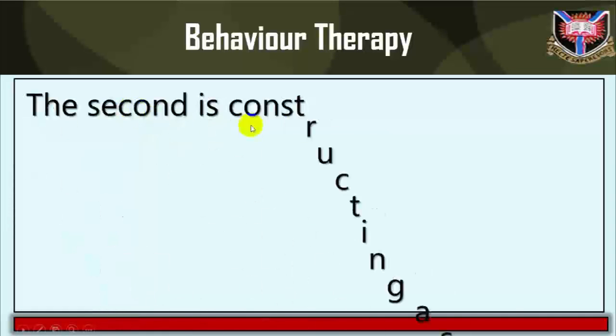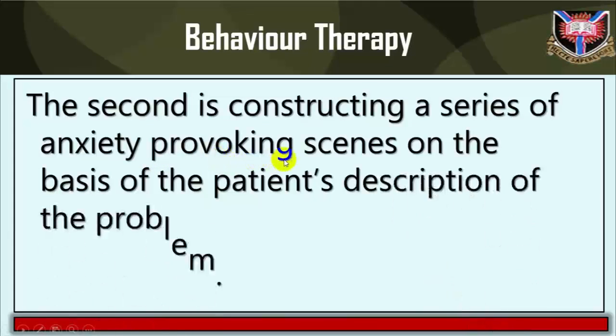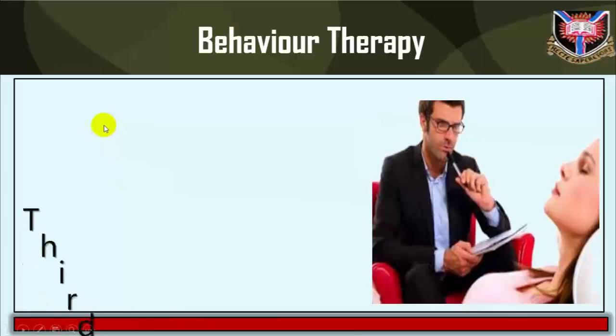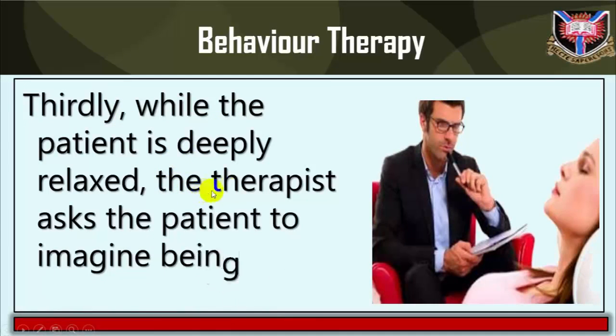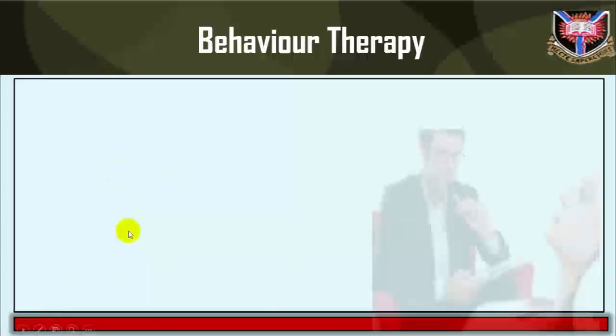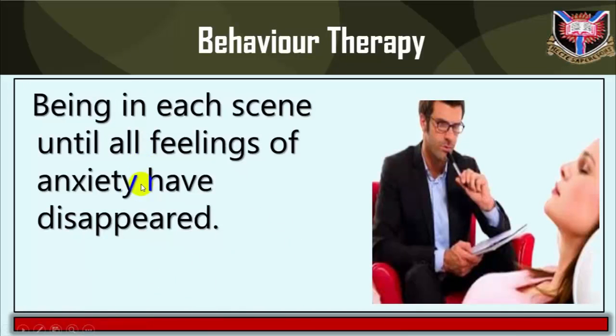The second is constructing a series of anxiety-provoking scenes on the basis of the patient's description of the problem. Thirdly, while the patient is deeply relaxed, the therapist asks the patient to imagine being in each scene until all feelings of anxiety have disappeared.